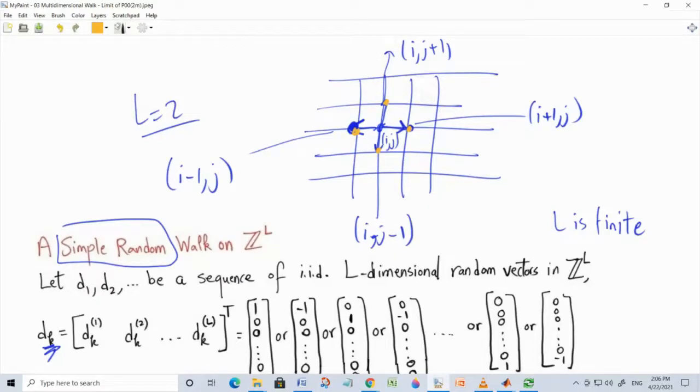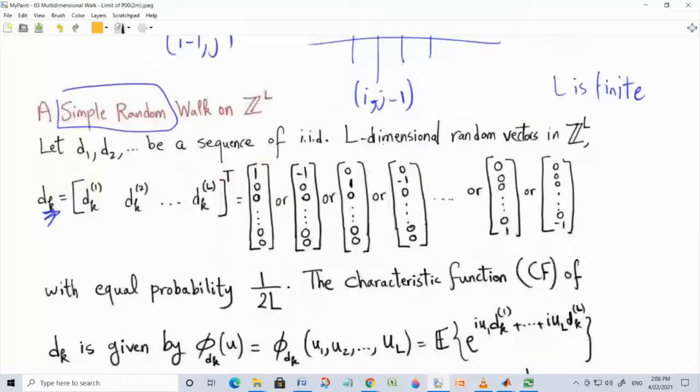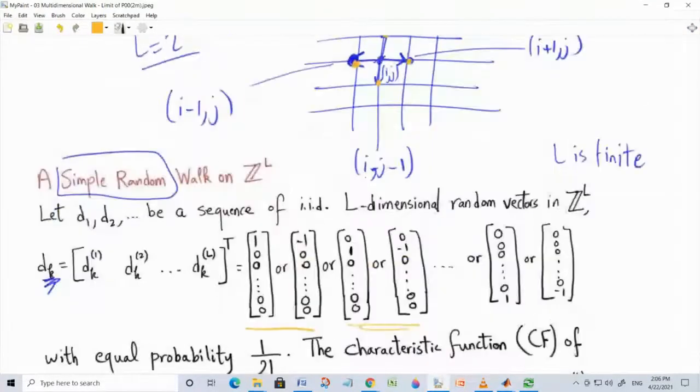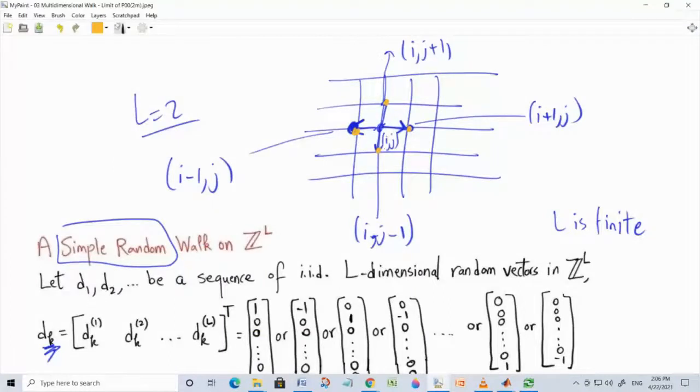Generally, if you are living in L dimensions, you pick the first dimension and you can add 1 to it or subtract 1. Like here, you can choose to move in the horizontal direction, and then from i you go to i plus 1 or i minus 1, or you can choose to move in the vertical direction and you go to j minus 1 or j plus 1.